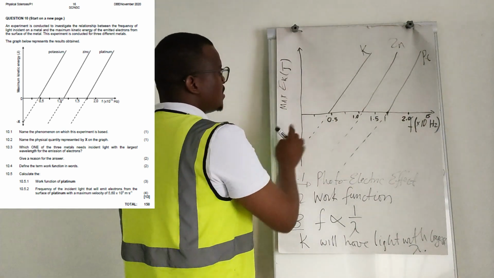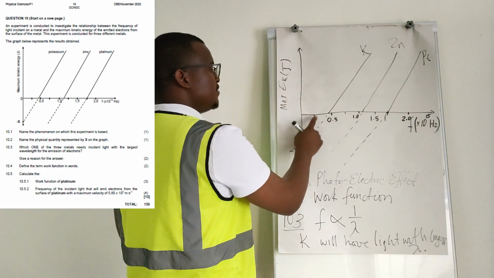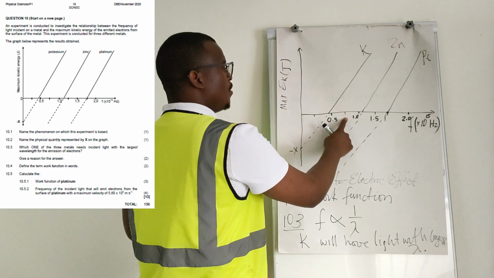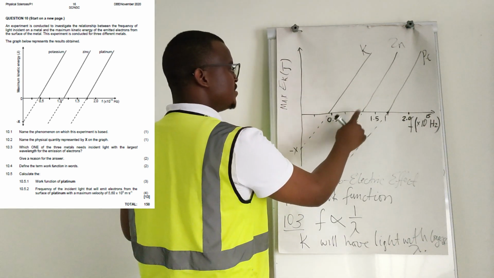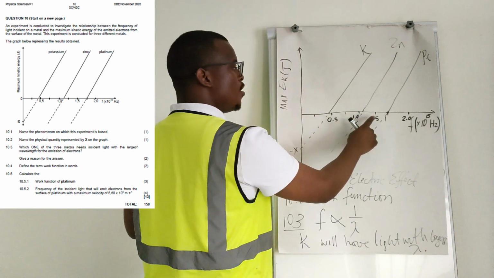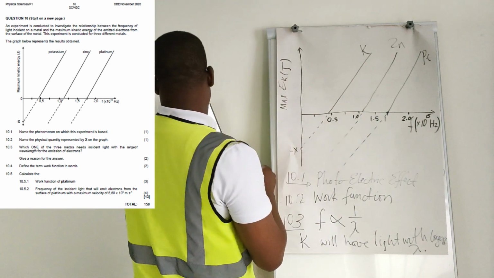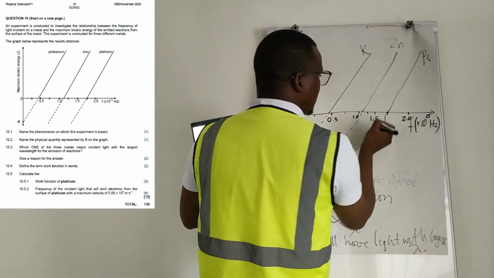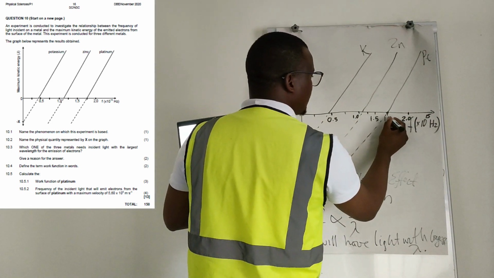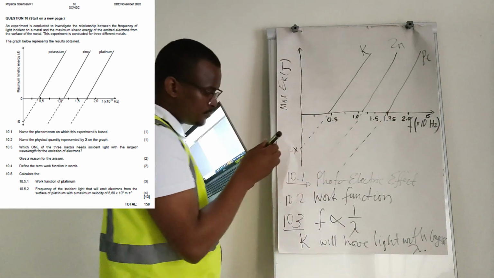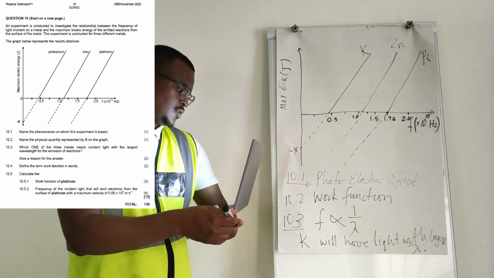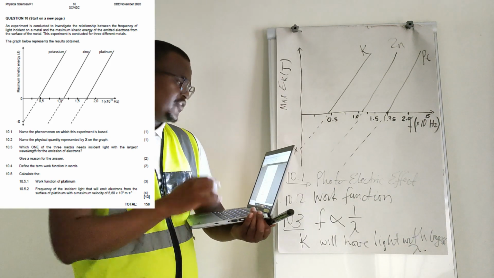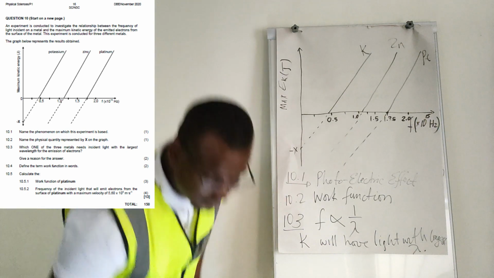So you can see this is 0, 0.25, 0.5, 0.75, 1.0. So there should be 1.25 somewhere in between here. So this is 1.75 essentially. Right? So they want us to calculate the work function of this metal.